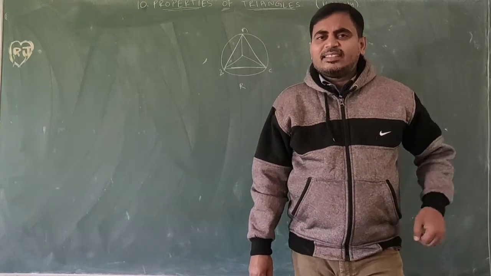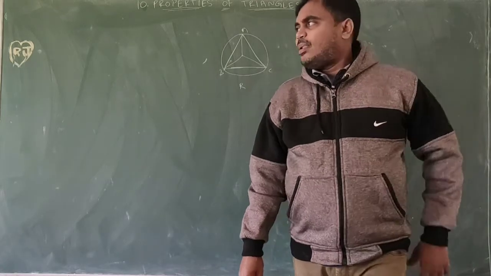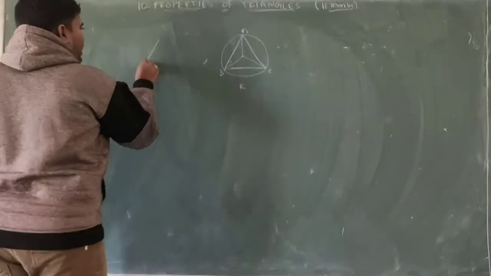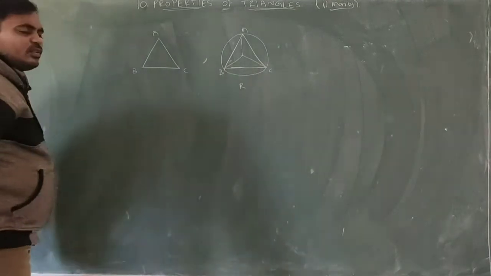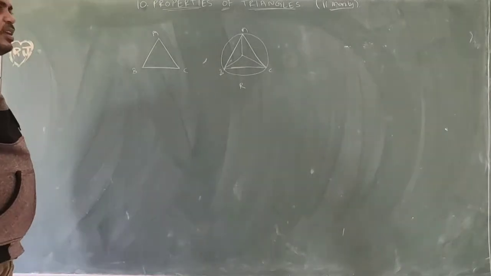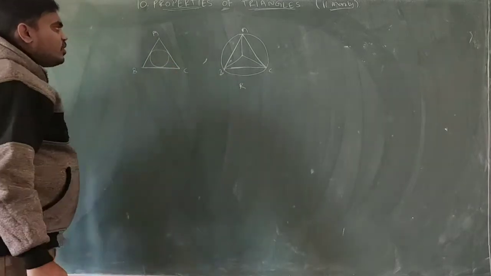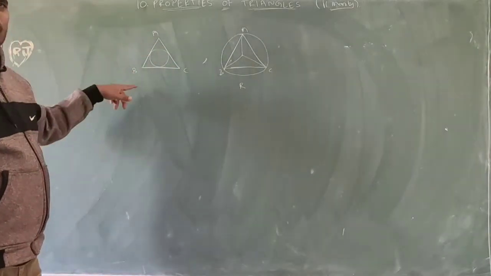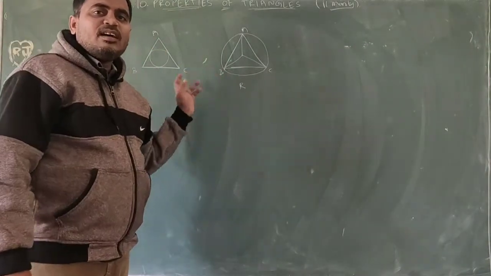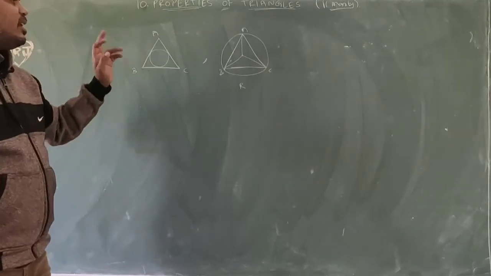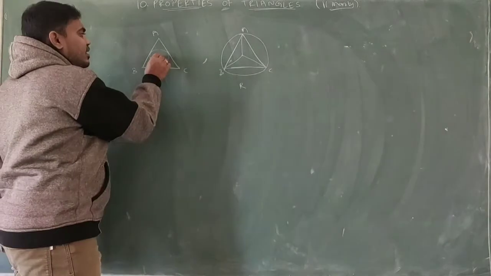In the second exercise, the incenter. First I am taking a triangle ABC. If we draw a circle within the triangle, the circle which touches all the sides of the triangle, then the circle is called the incircle, and this center is called the incenter.